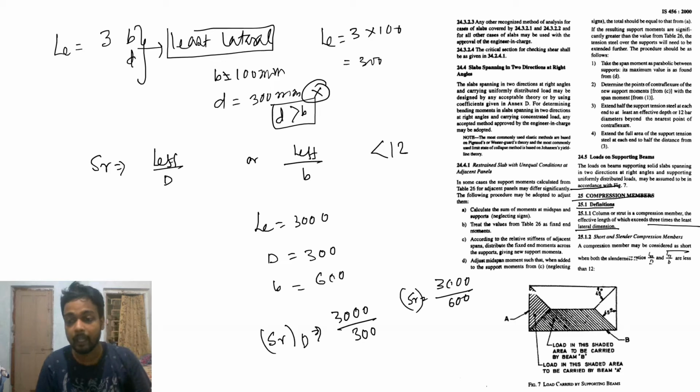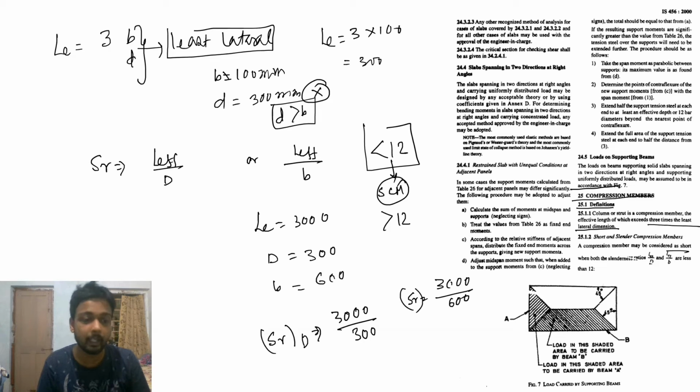If both slenderness ratios are less than 12, then we can say it is a short compression member. If greater than 12, then it should be a long compression member. I hope the doubt is clear. If there's any doubt, do comment in the comment section. I will definitely get back to you.